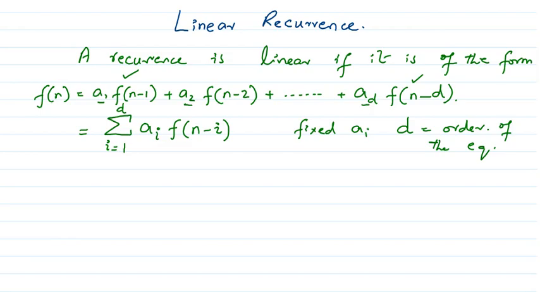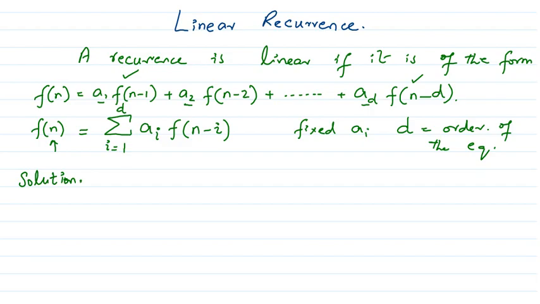Now, how to find an explicit formula that does not involve recurrence, rather just gives you a form in terms of n, because it is basically a function of n. In order to find that formula, we are going to start with a certain solution.